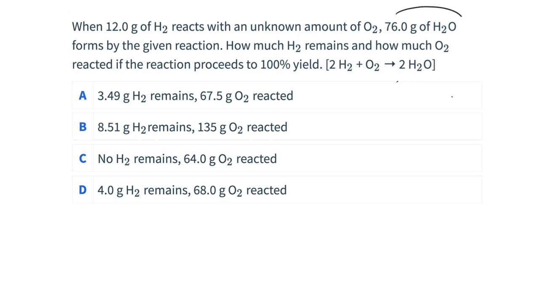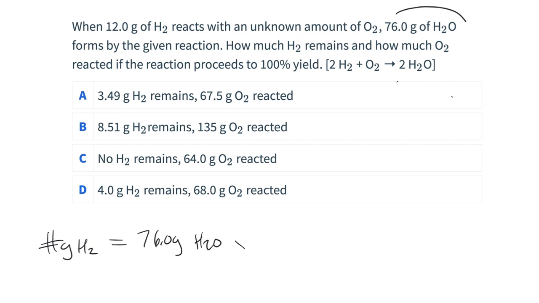From the amount of water that's produced, we could work out how much hydrogen had to have reacted to produce that quantity. So one of the things we could work out with dimensional analysis would be the number of grams of hydrogen that had to have reacted to produce 76 grams of water. So we had 12 grams, but it doesn't mean all 12 grams converted into the water.